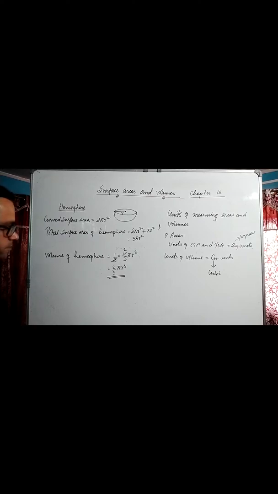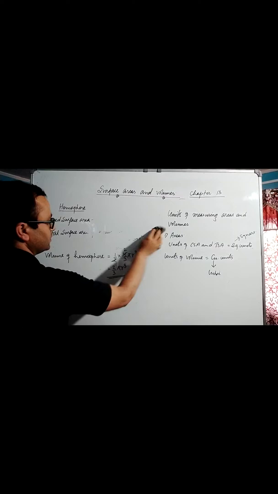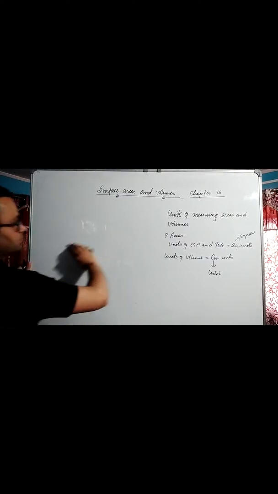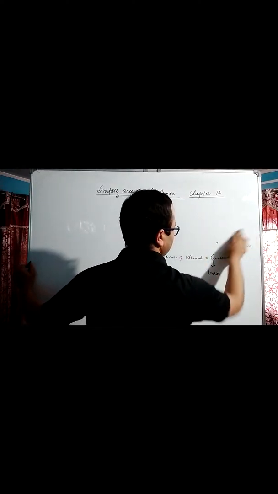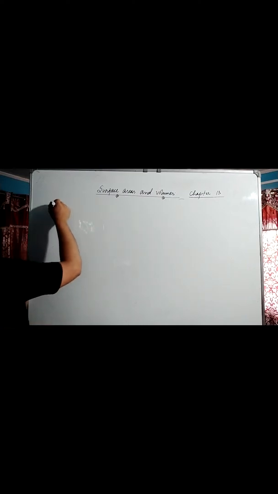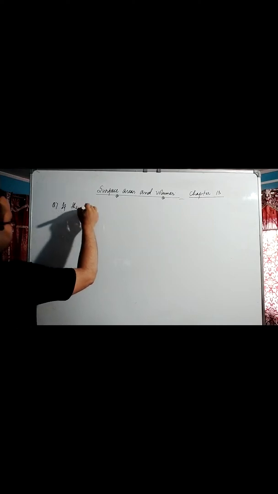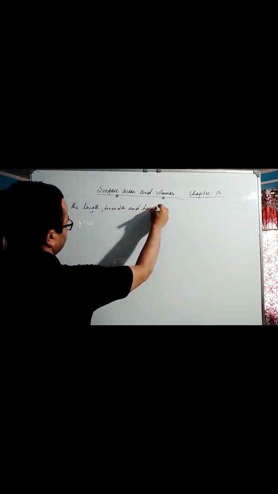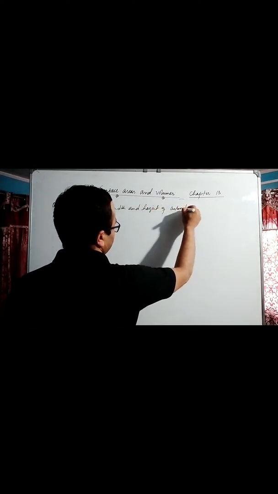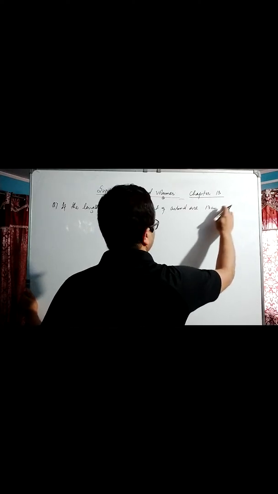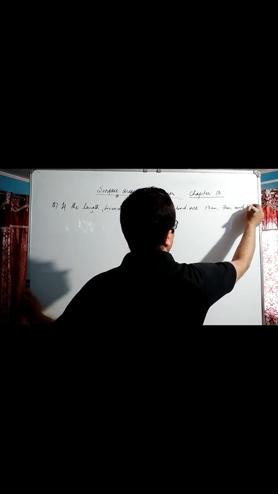Now let us consider one example of a cuboid. Suppose the length, breadth, and height of the cuboid are 13 centimeter, 7 centimeter, and 5 centimeter.